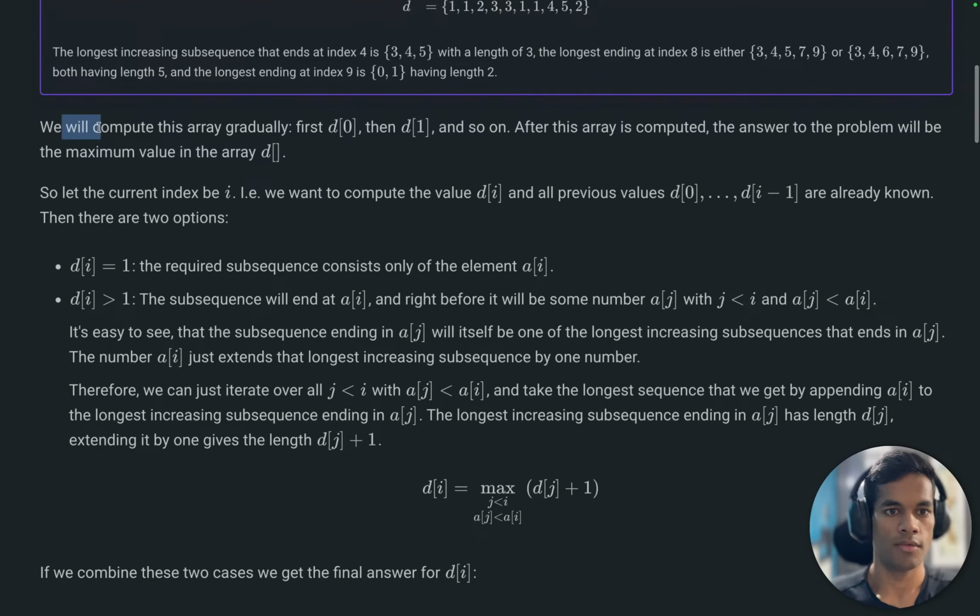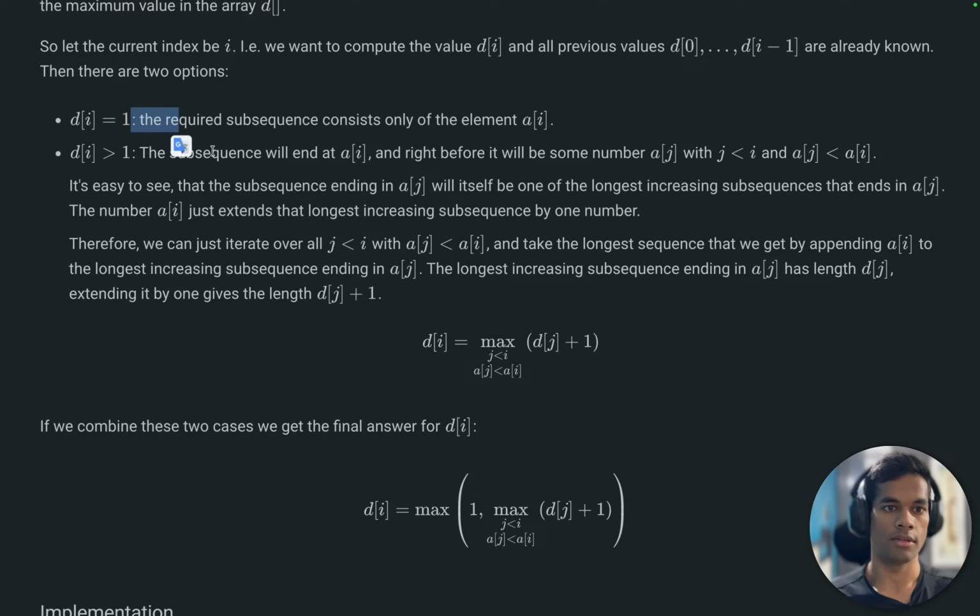Okay. We will compute this array gradually, first d0, then d1, and so on. After this array is computed, the answer will be the maximum value in this array. So let the current index be i, that is, we want to compute the value d i, and all previous values should be known. Then there are two options. Either d i is equal to 1 or it is greater than 1.